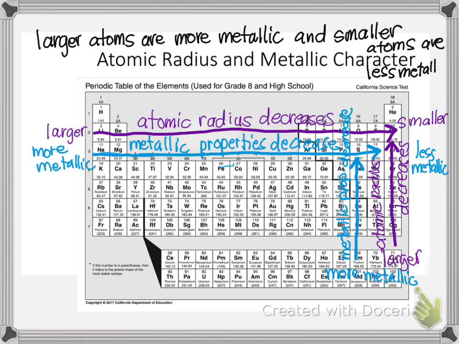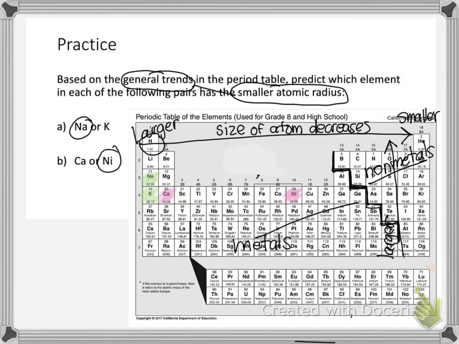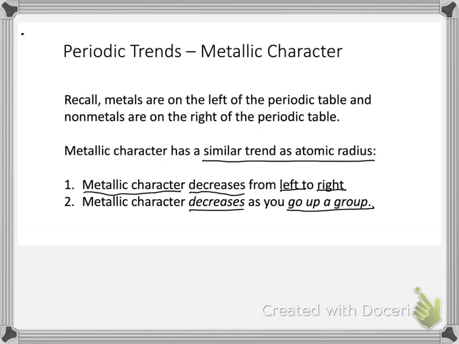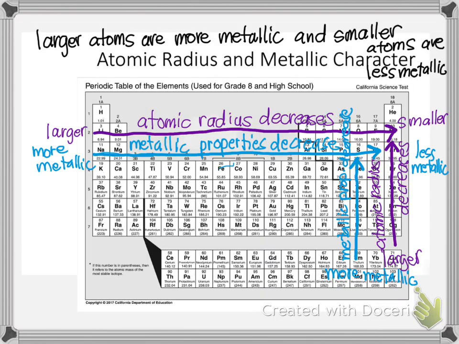Not written very neatly, but that is my conclusion, which means the nonmetals, which are smaller, have less metallic properties, and the metals are larger and they have more metallic properties.